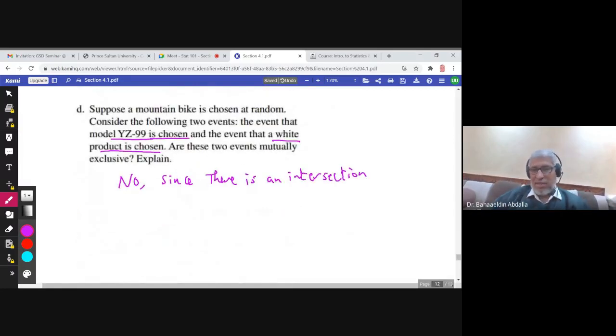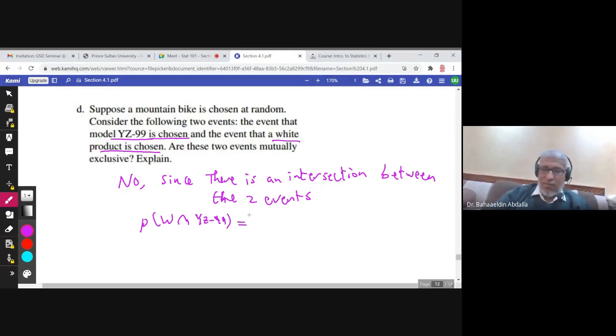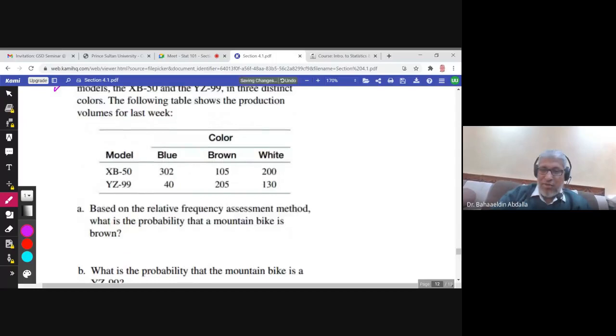There is an intersection between the two events. So these two events are not mutually exclusive. The probability of their intersection, white and YZ99, is not zero. For mutually exclusive, the probability should be zero.